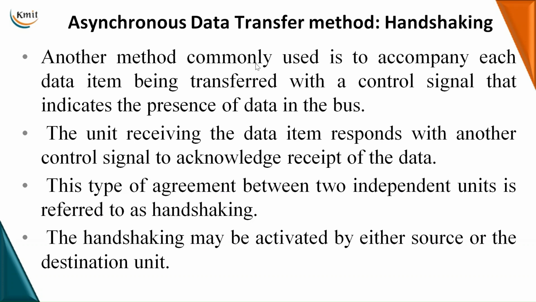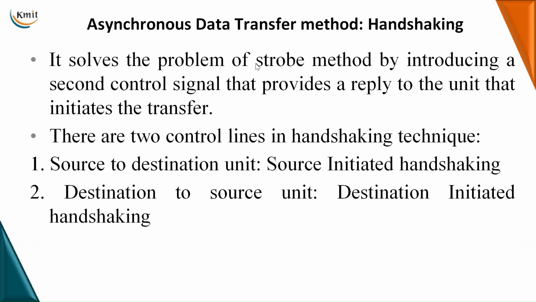The handshaking in this case can be activated either by the source unit or by the destination unit. Before the actual data is sent, a handshaking mechanism, or an agreement, is done between the two parties involved in the communication. This handshaking method solves the problem of the strobe method by introducing a second control signal.